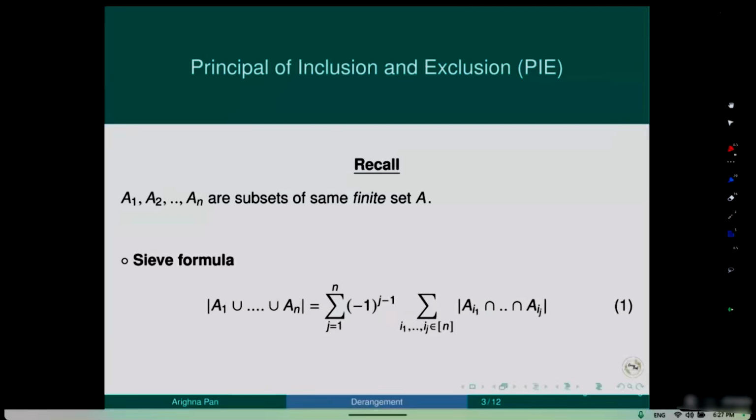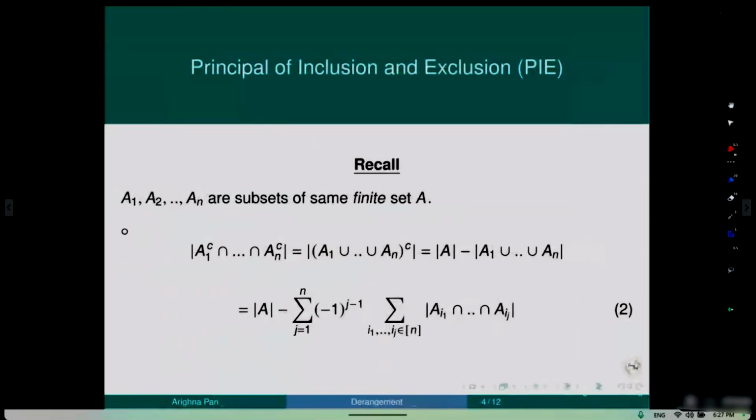First count all the sizes of the Ais, then discard what you have overcounted, and again add something that you have already deleted, and continue this, and you will get this type of formula.